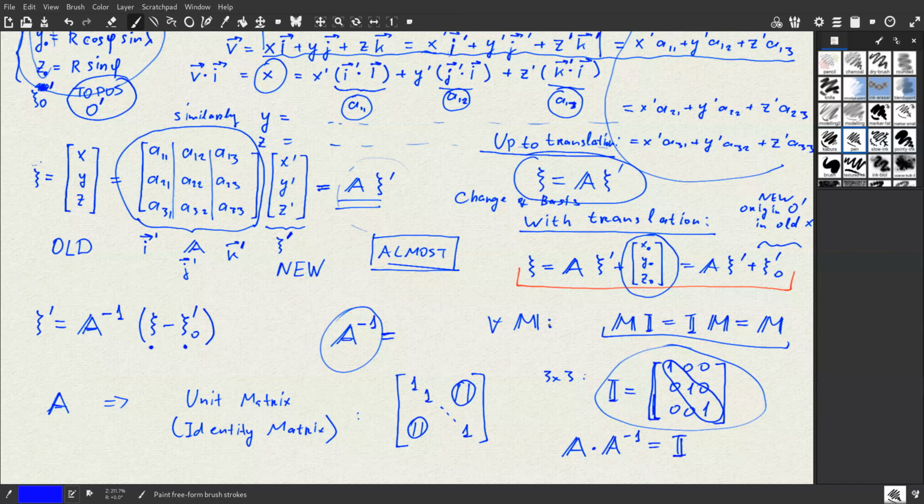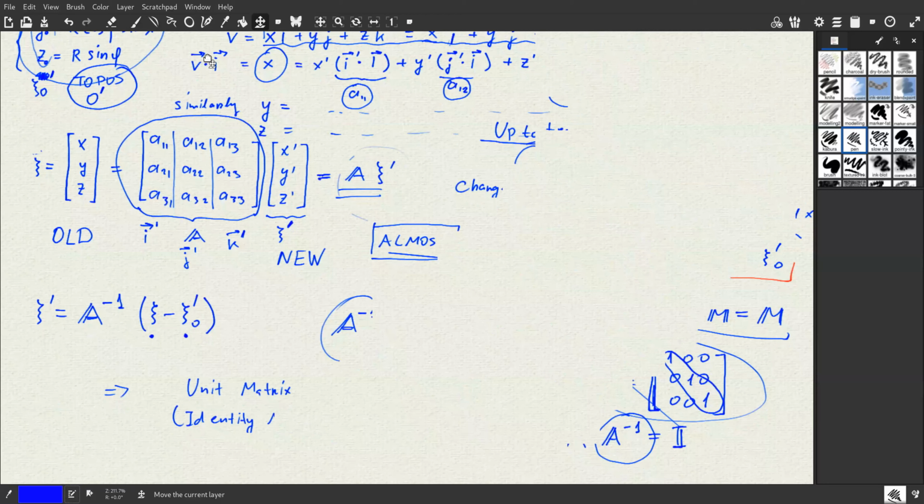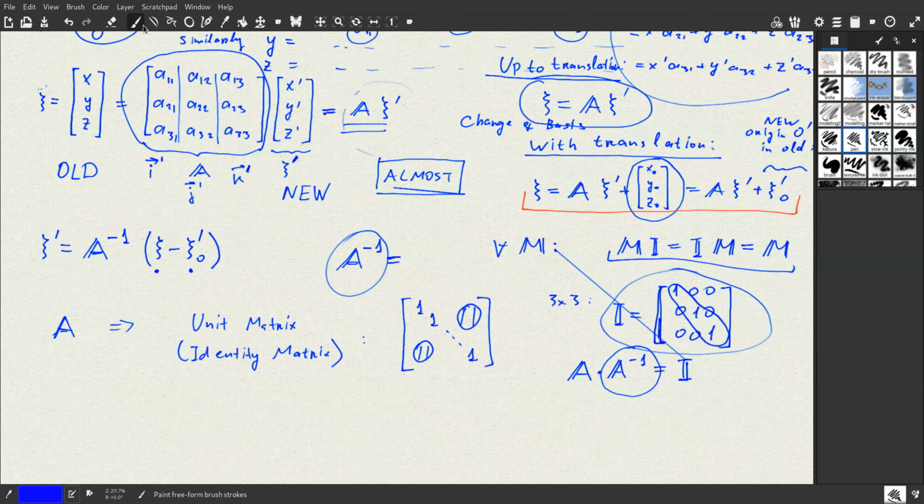Okay? Now, if we define the matrix inverse, A to the power minus 1, in such a way that A times the inverse equals our identity matrix, then we can very easily prove that in this particular case, multiplication of a matrix by its inverse on the left also yields the identity matrix.